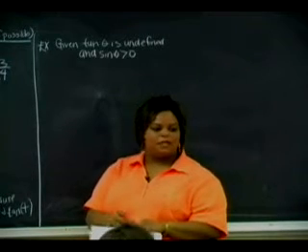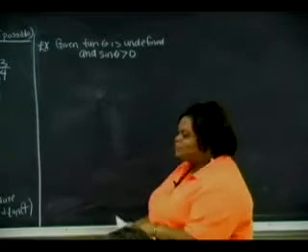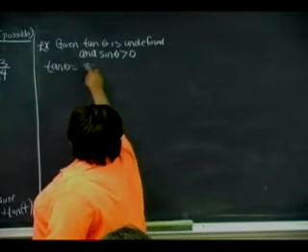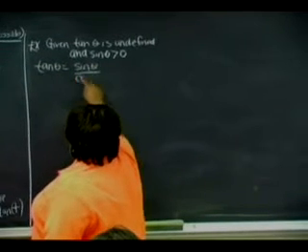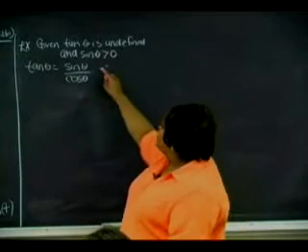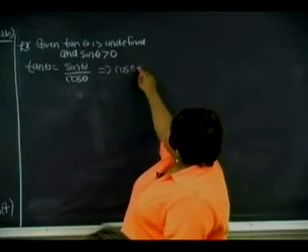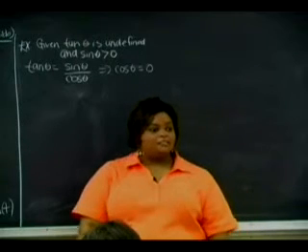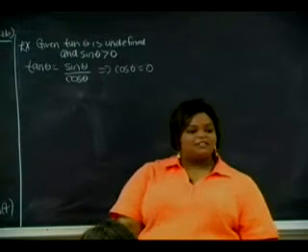Now, what does it mean for tangent theta to be undefined? Tangent theta is sine theta over cosine theta, and in order for this to be undefined, cosine theta must be 0. It means that denominator is 0.